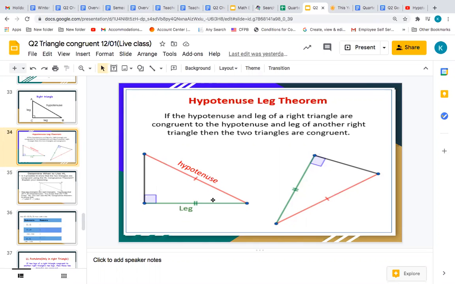So if you take two triangles with a hypotenuse and leg congruent, and make sure those two triangles have 90 degrees, then these two triangles are congruent. Let's look at this video and see how it works.